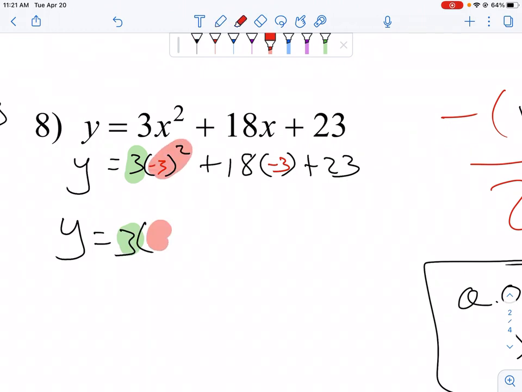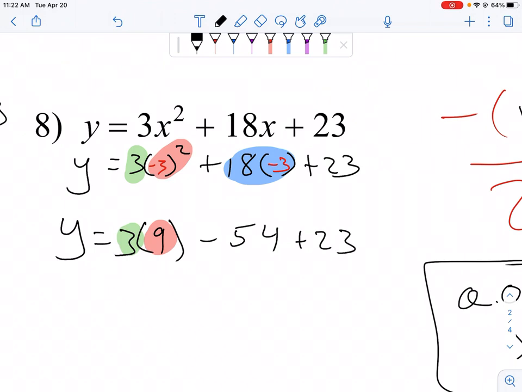This negative 3 squared has to happen first. And negative 3 times negative 3 is 9. I'm going to put 18 times negative 3 together. That's going to give us a negative, and negative 3 times 18 makes 54. And then I'm adding 23 to that.